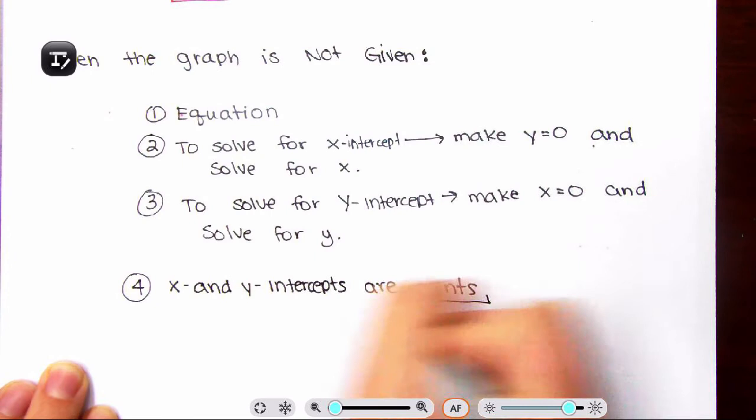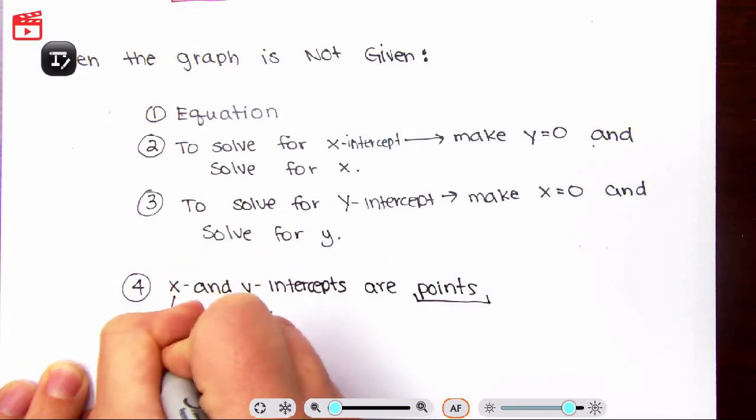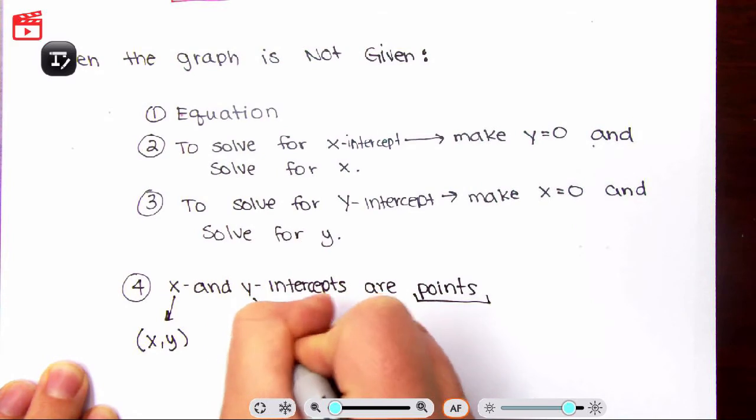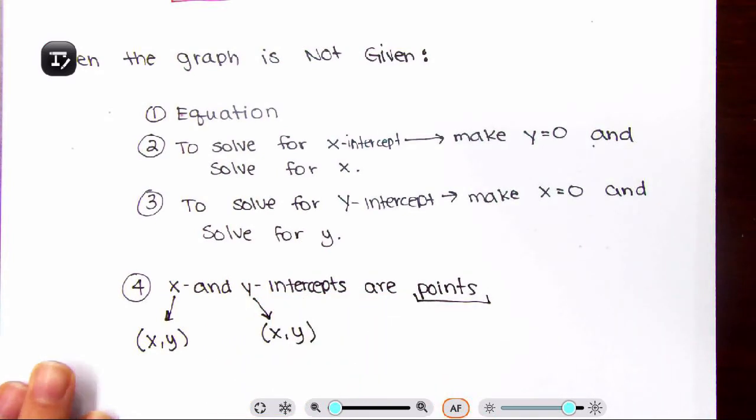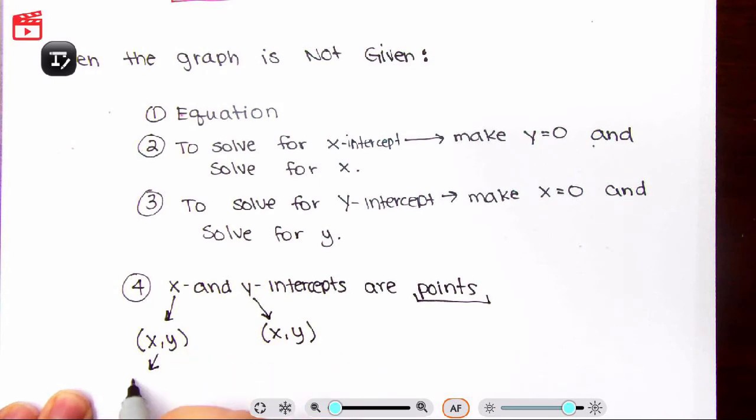So you're going to have an X value and a Y value for both. When you're writing your intercepts, for the X intercept, you're going to have a number for X and 0 for Y. For the Y intercept, you're going to have 0 for X and a number for Y.